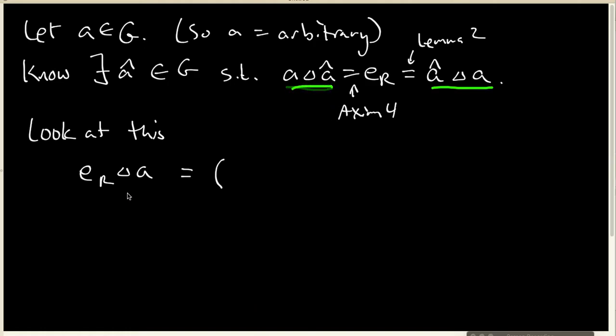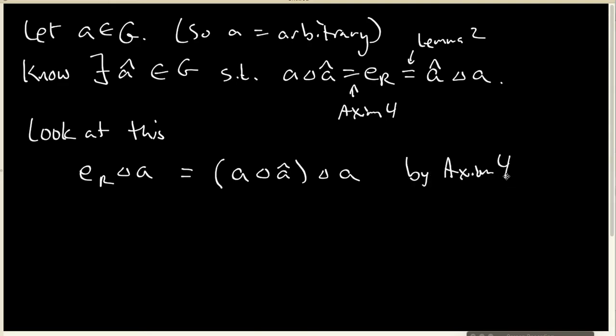So we're going to say that ER is equal to A triangled with A hat, and then, of course, we have triangled with A. And this is by axiom 4. It's the definition of A hat, the definition of right inverse.